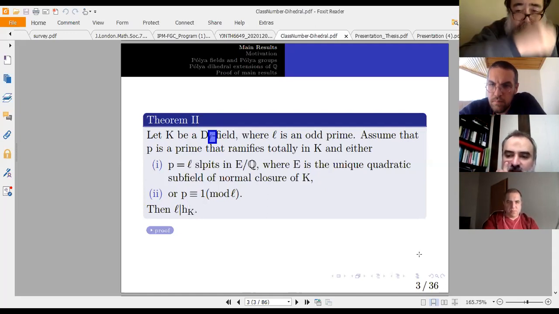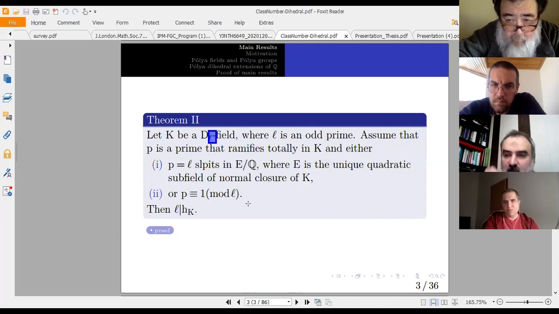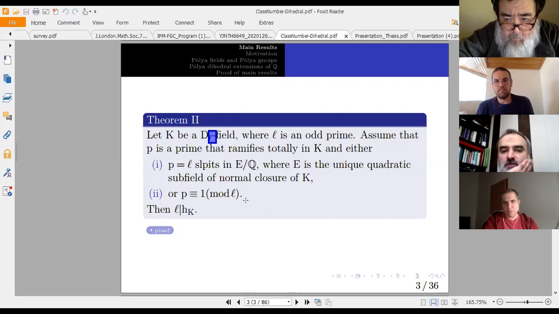So I like this result because you have this result appearing there. And actually I should tell you that the whole reason I'm interested in this kind of computations is that I want to know what happens when instead of an elliptic curve, you work with number fields. There are some beautiful conjectures by Delaunay who make an analogy between the theory of elliptic curves and the class groups of number fields.